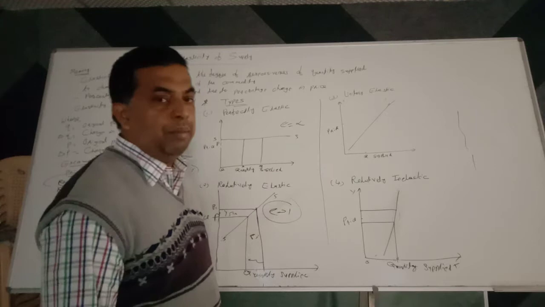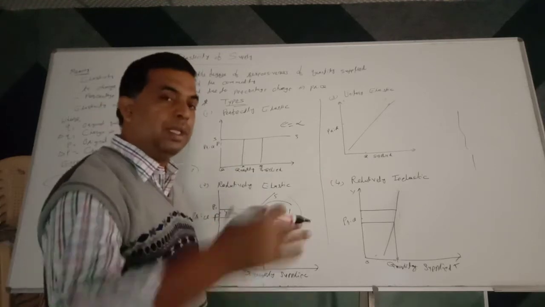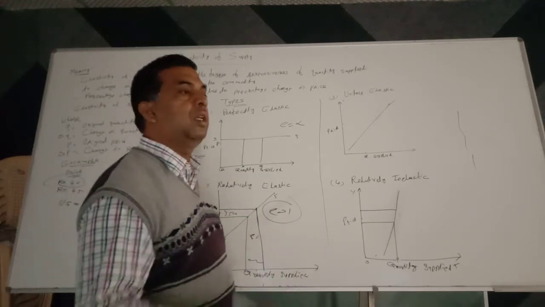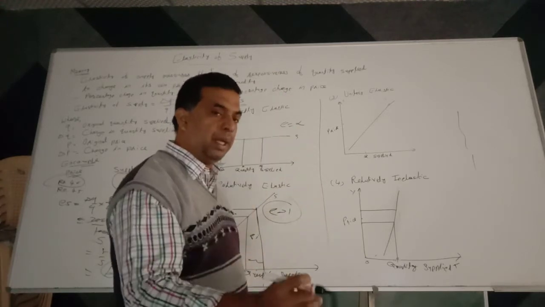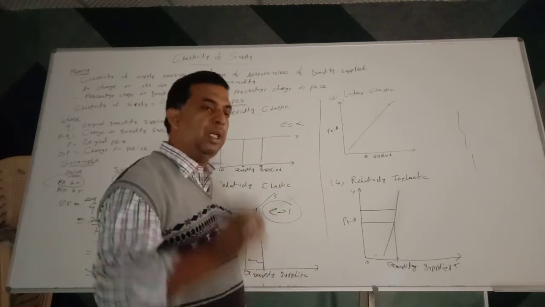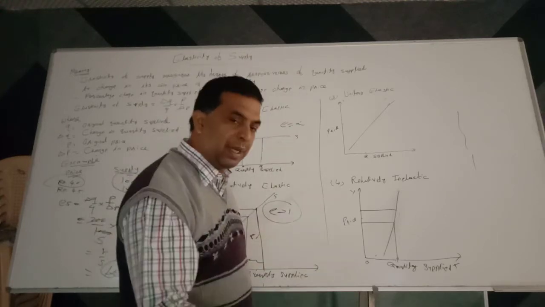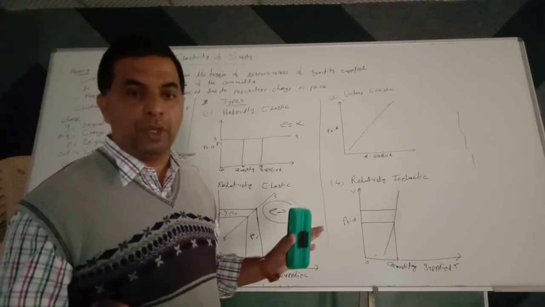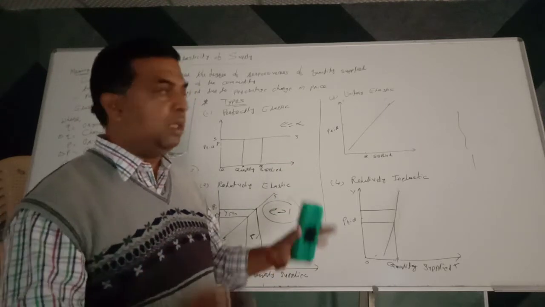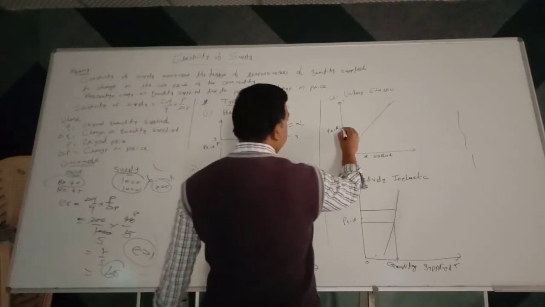Next, unitary elastic supply, just like unitary elastic demand. When the proportionate or percentage change in quantity supplied is exactly equal to the percentage change in price, it is known as unitary elastic supply of a commodity. 5%, 5%. So how to draw it?